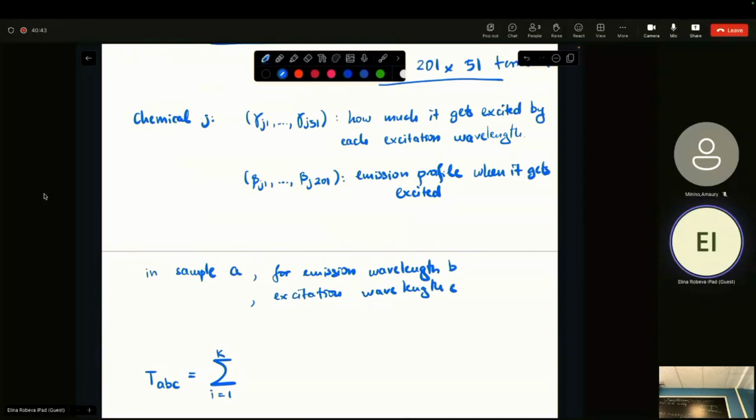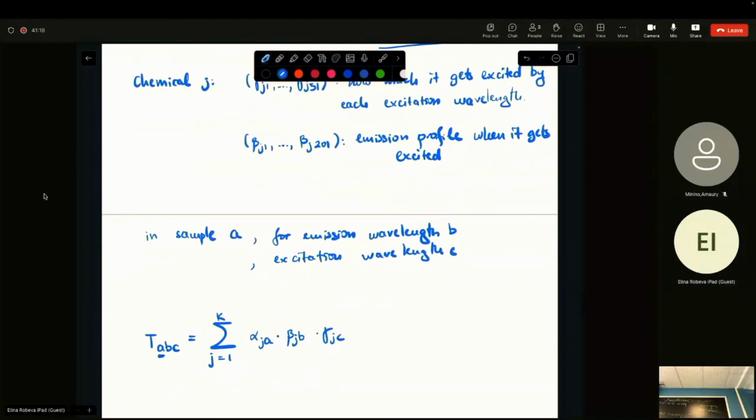So for chemical J, there is alpha JA, and alpha JA is the proportion of chemical J in my Ath sample. There's this much of it, and if you give it gamma JC of the excitation wavelength, then it will emit from the emission wavelength B for time beta JB, something like this.